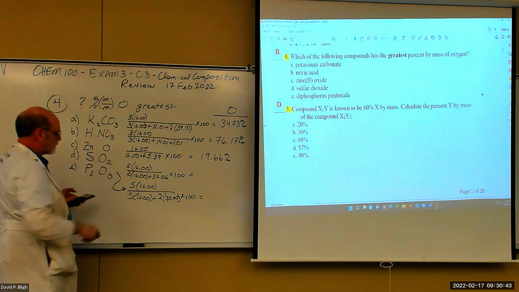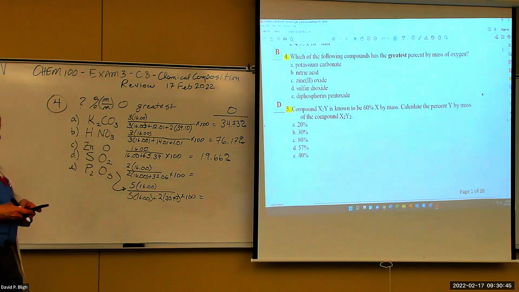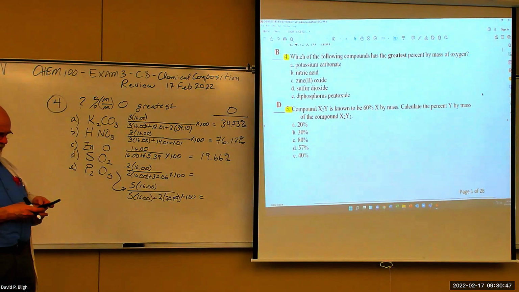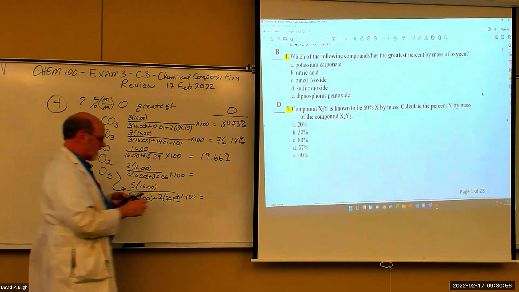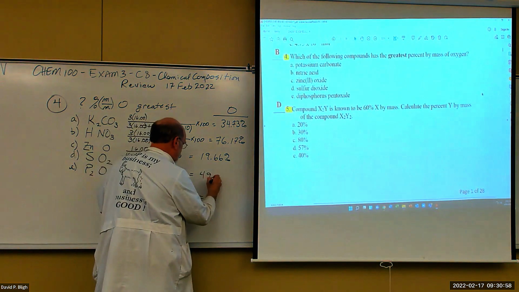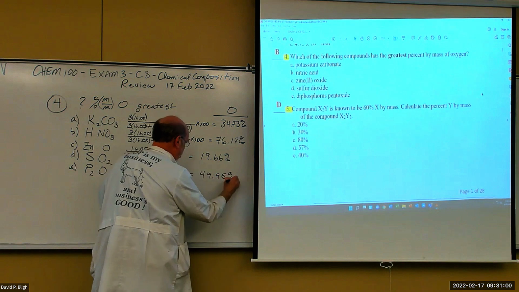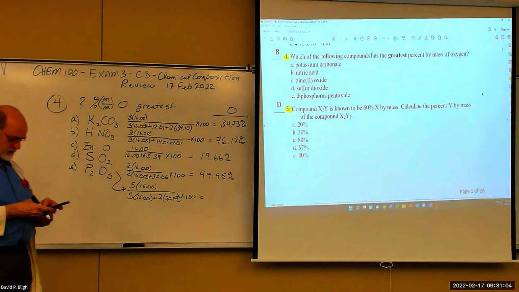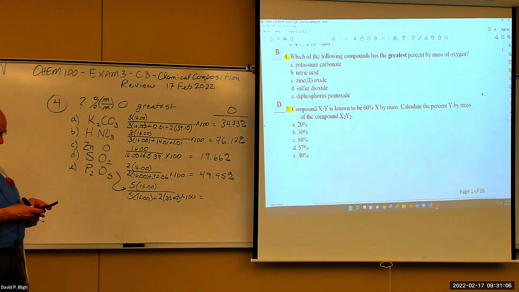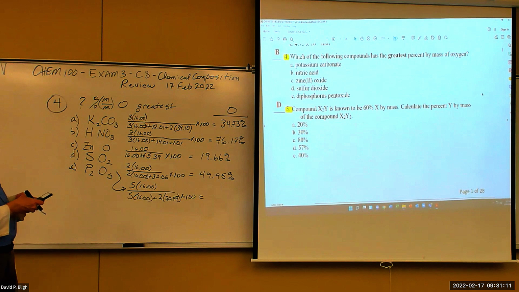And then sulfur dioxide. Let's see, 2 times 16, 32.06. And then I get 49.95 here. And then the last one, 16 times 5, which is 80.